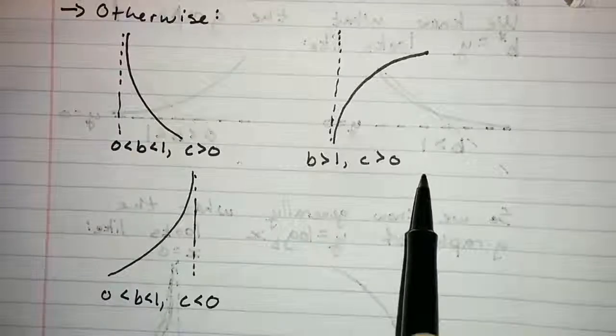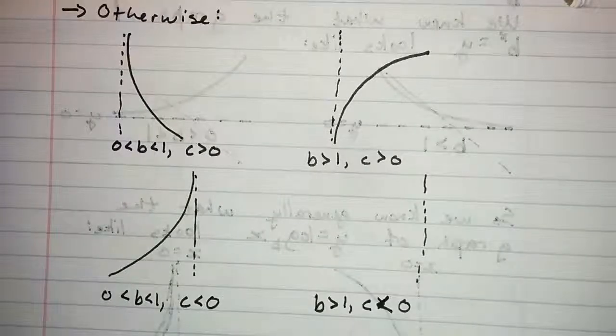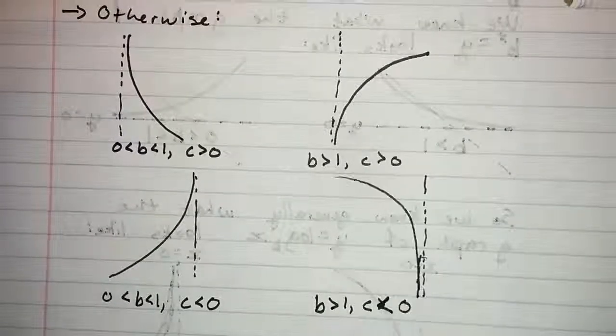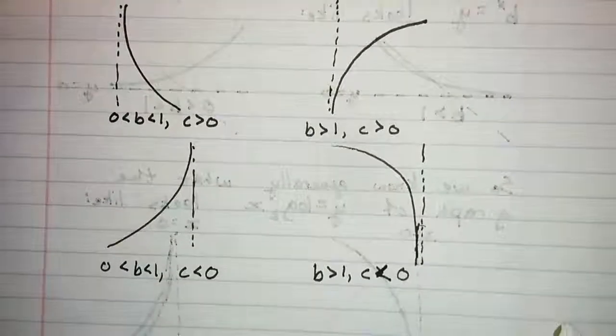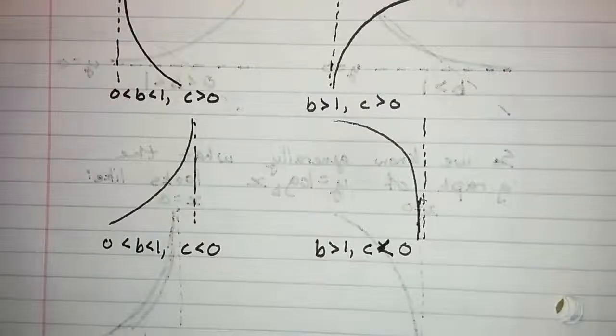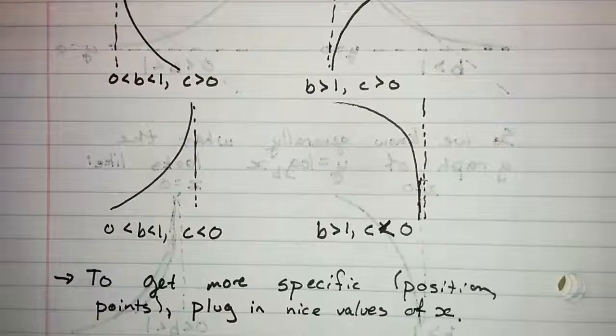And finally, if b is more than 1 and c is a negative number, our graph looks like this. Again, if there's a negative sign in front of the log, we've got to flip the whole thing vertically. And then, to figure out more specifics, we'll try to plug in values of x that make the arithmetic easy.